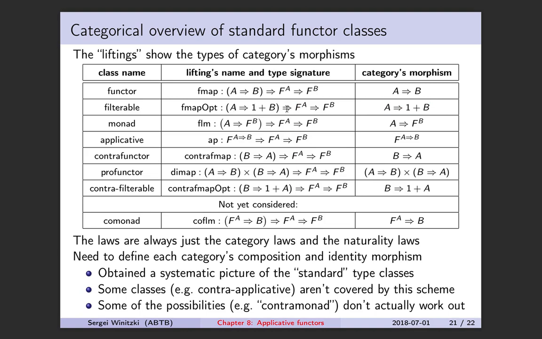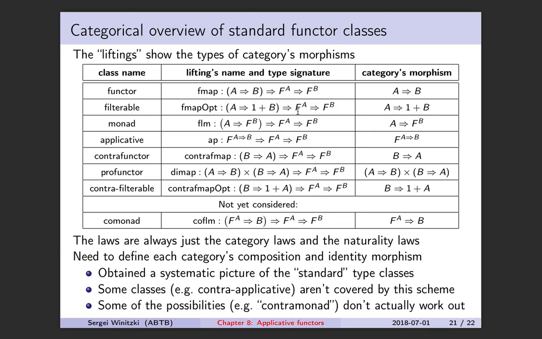The lifting laws are functor laws. They're fixed as well. I didn't talk about this, but the laws for this are fixed because it's just a functor from one category to another. And so the laws are identity must go to identity, composition must go to composition. So again, no freedom in choosing the laws. We have fixed laws here, fixed laws here.